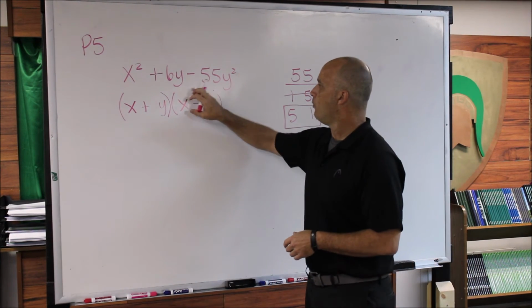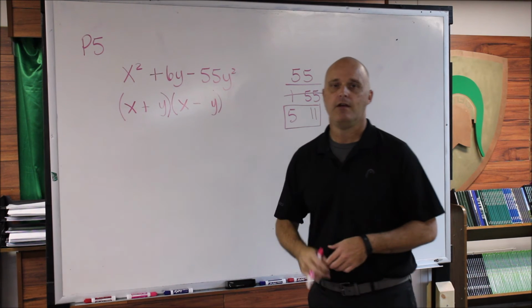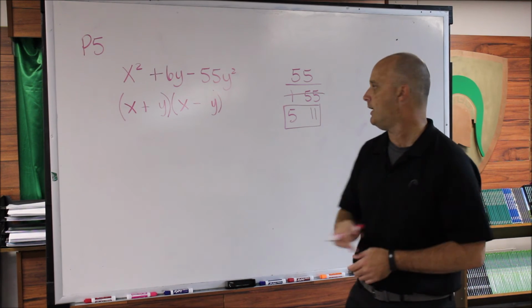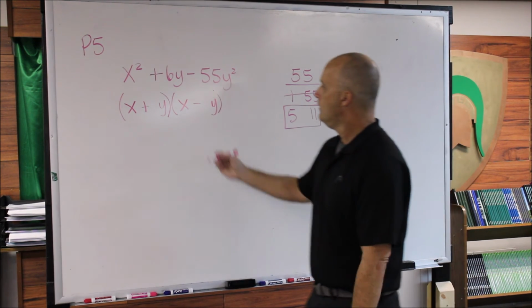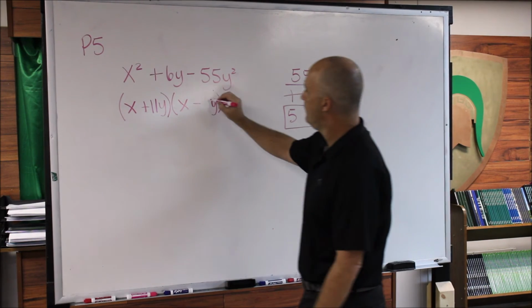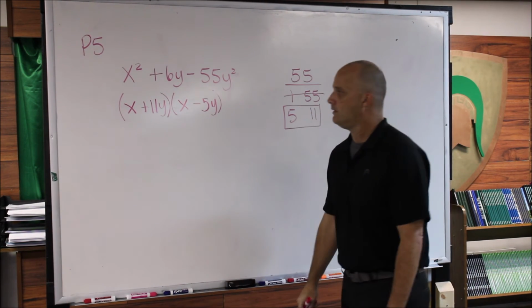Since this is a positive, the bigger number within that factor pair is going to go behind the positive sign. So the bigger number is 11, so I'm going to put an 11 right here. The smaller number is 5, so the 5 is going to go in behind the negative.